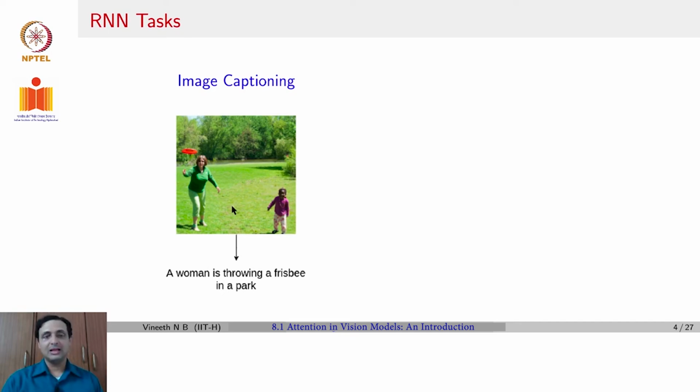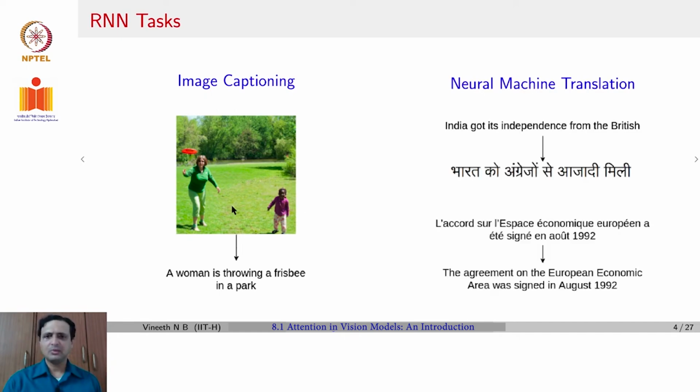One is the task of image captioning. Given an image, one has to generate a sequence of words to make a caption that describes the activity or the scene in the image. Another example where RNNs are extremely useful is the task of neural machine translation, or what is known as NMT.